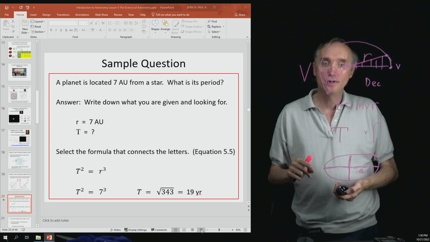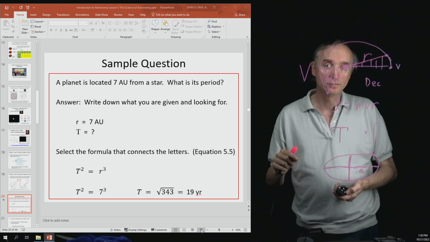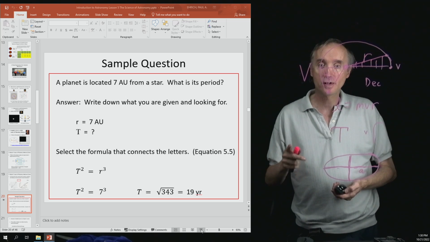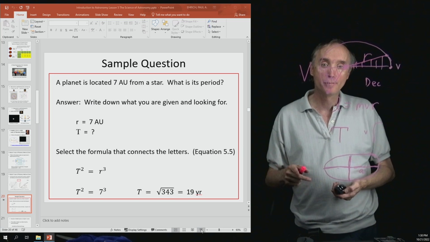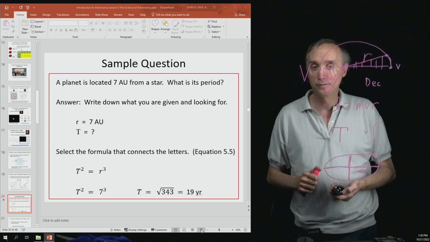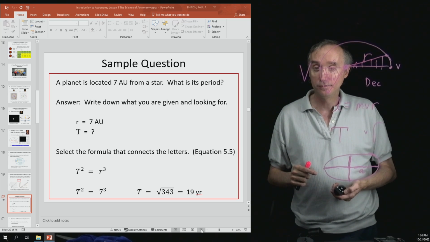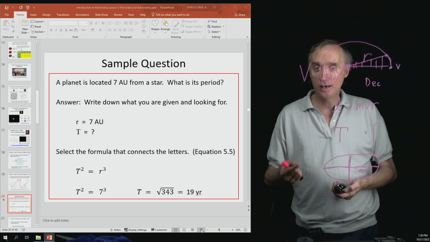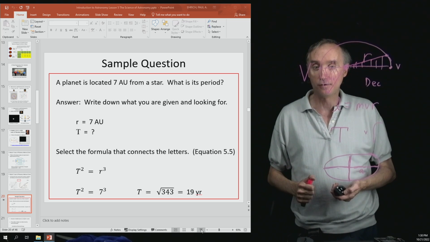Okay, the answer is R is going to be the distance, 7. We're looking for the T, the tau. So we're going to plug into our formula. 7 times 7 times 7 is 343. But that's not the answer, because we got to take the square root of it, because we got to get the T thing by itself.